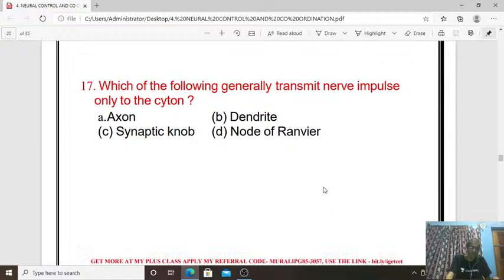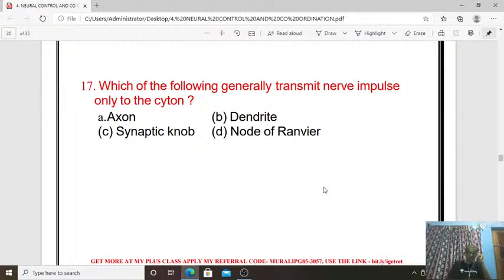Next, 17th one. Which of the following generally transmits nerve impulse only to cyton? Axon, dendrite, synaptic knob, node of Ranvier.